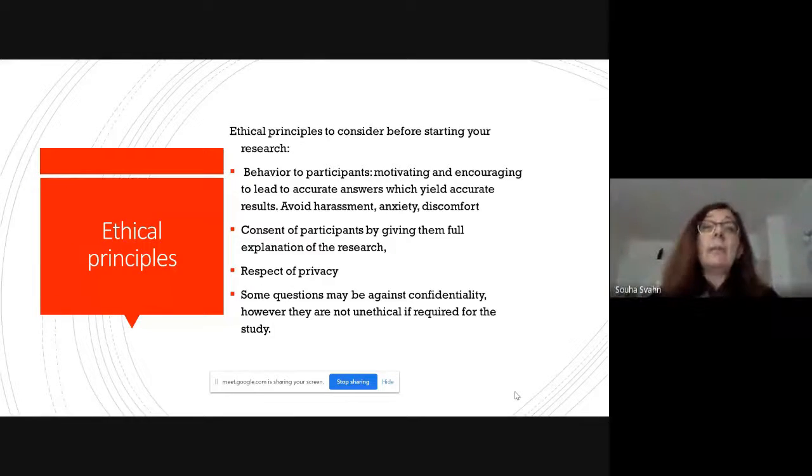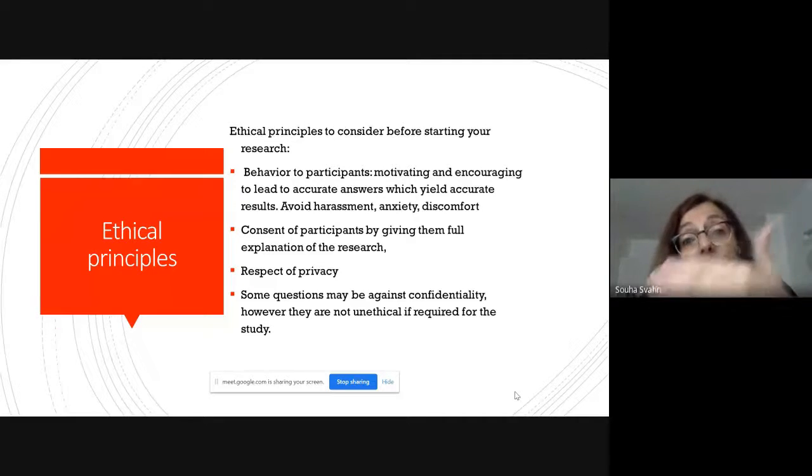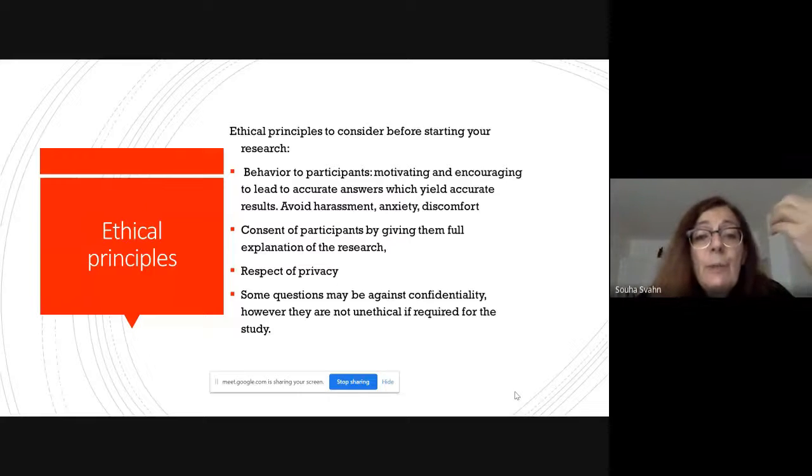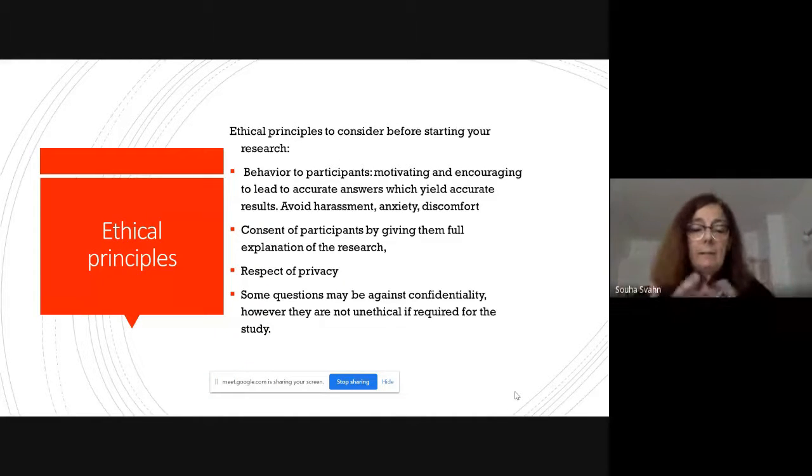Once we choose our target sample, the behavior of the researcher should be motivating and encouraging, because we need accurate answers to lead to accurate results. If we don't have accurate answers, we won't have accurate results, which means bad input, bad output. That's why the researcher should have a minimum of ethical behavior.